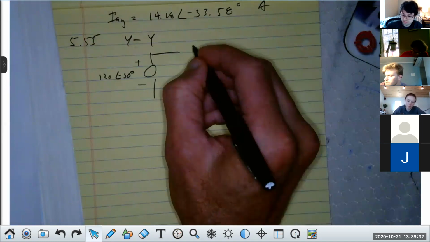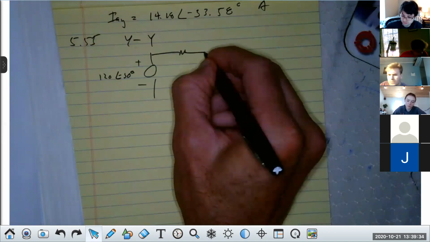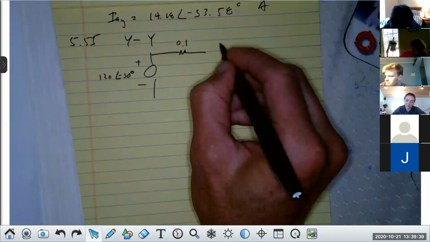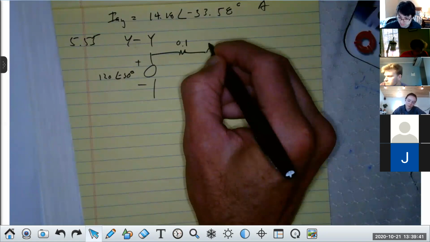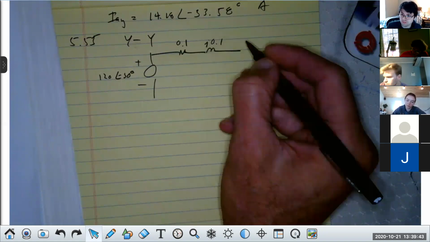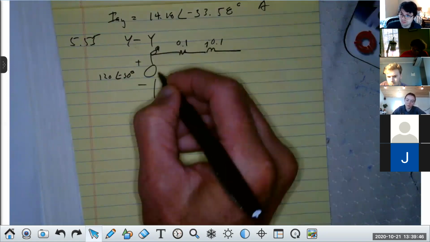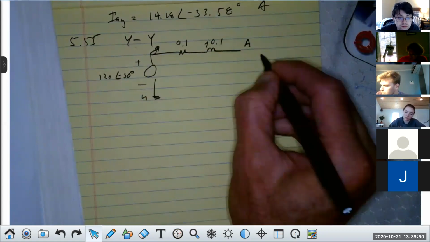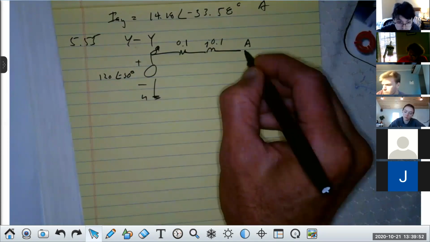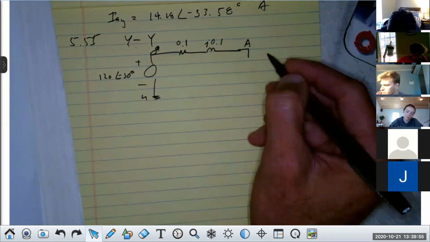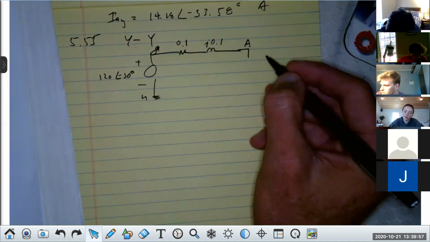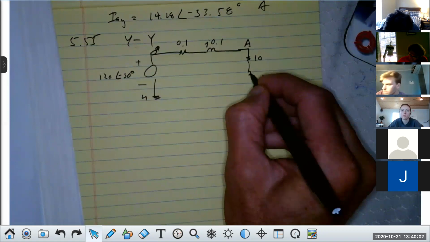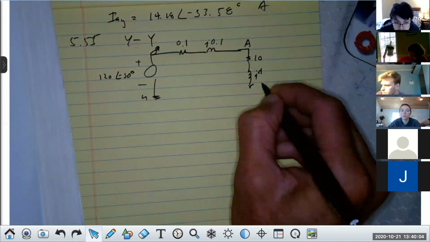So here I have 0.1 and j0.1. This is problem 5.55 if you want to look. Then that's small a. That's the neutral, small n. This is the sending end or source. Now we come to the actual load, the thing that's using this power, capital A. And here, it's in a Y configuration, so we have 10 plus j4. And then that's capital N and grounded.